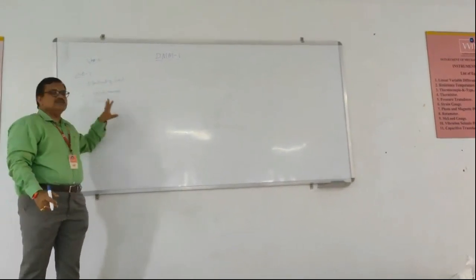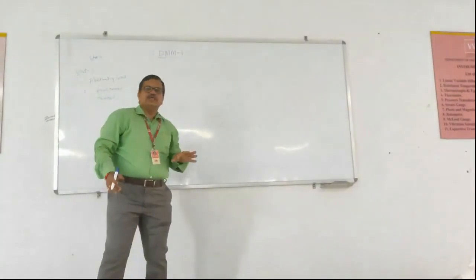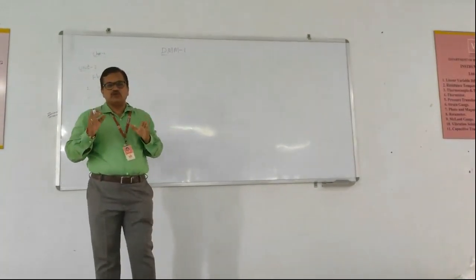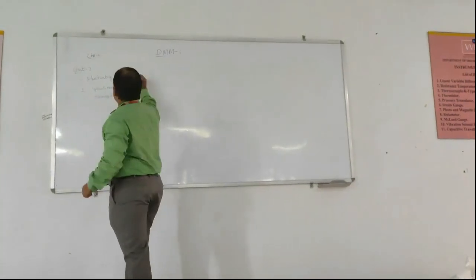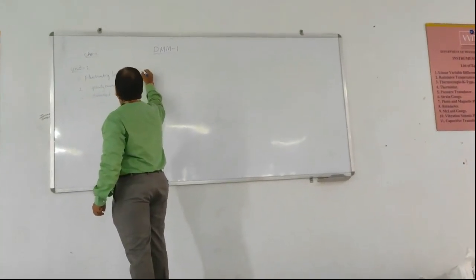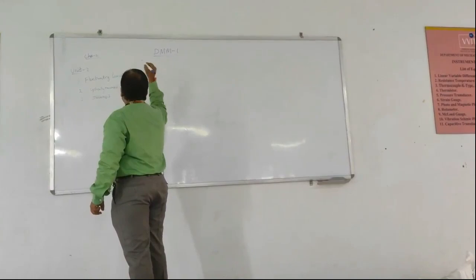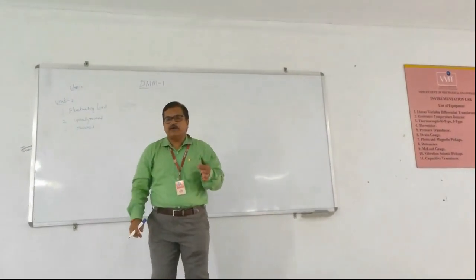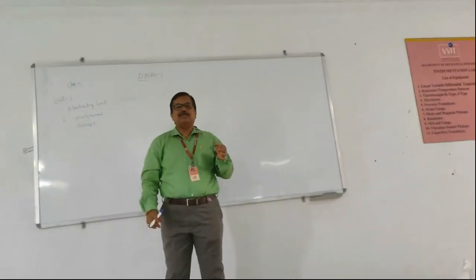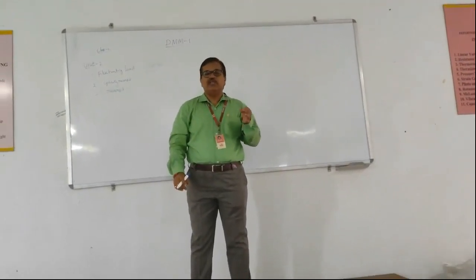So based on these three types of loads, the member is subjected to a condition called fatigue. Fatigue is the condition which results in failure of the member at a much lesser value than its normal failure value.